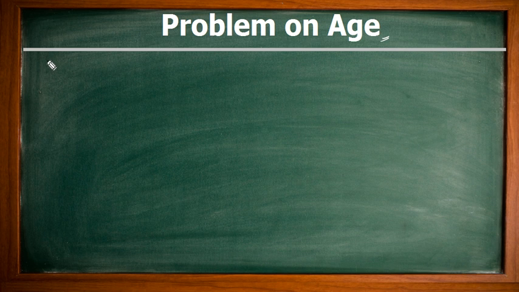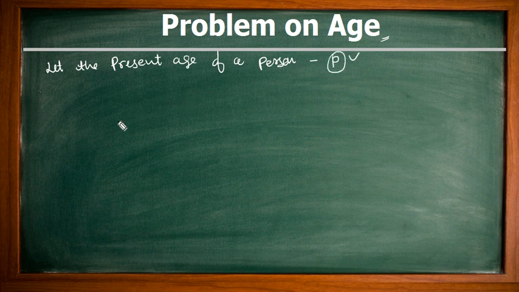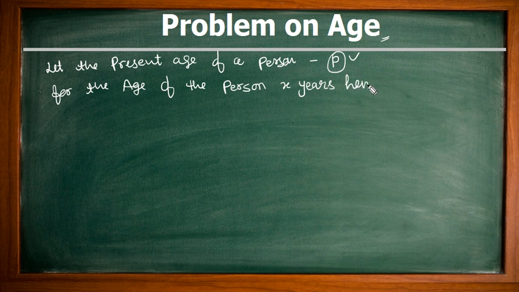Let the present age of a person be P. The age of the person X years hence would be P plus X. Basically you have to write these few terms, and know the actual meaning of hence.